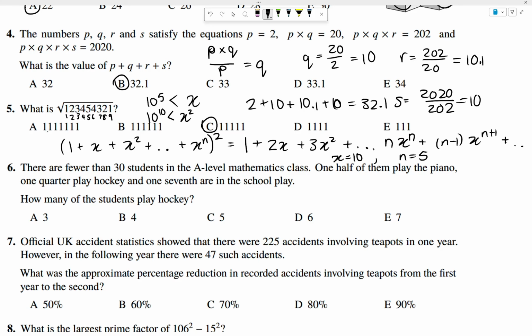And similarly, if we have a 7-digit number, it's also going to have more than 9 digits. So that just leaves C as an option. So that would be a method that you could use if you're not sure what to do, or if you haven't seen a problem like this before.